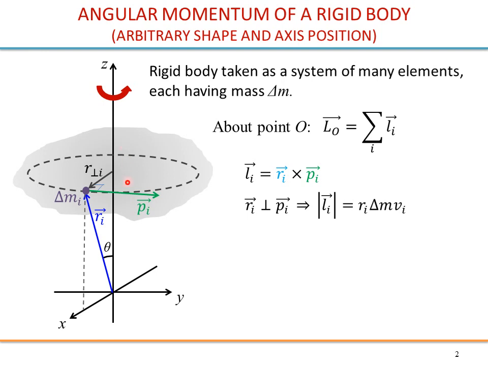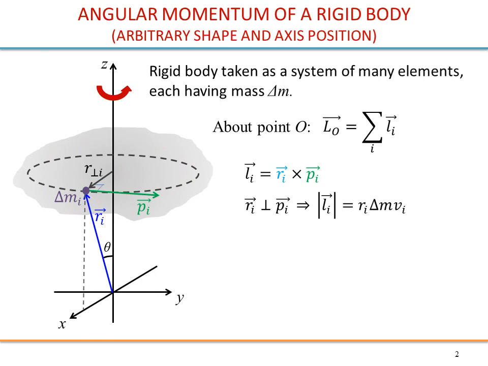Here this point experiences a circular motion. We have R perpendicular, by definition perpendicular to the axis, but also perpendicular to Pi, because the velocity is tangential compared to this circle.